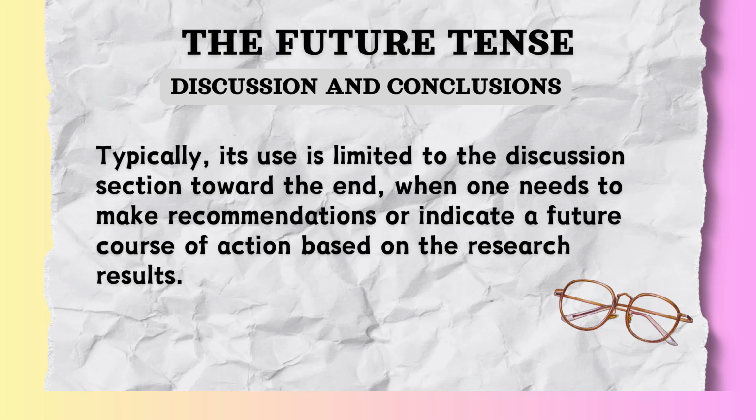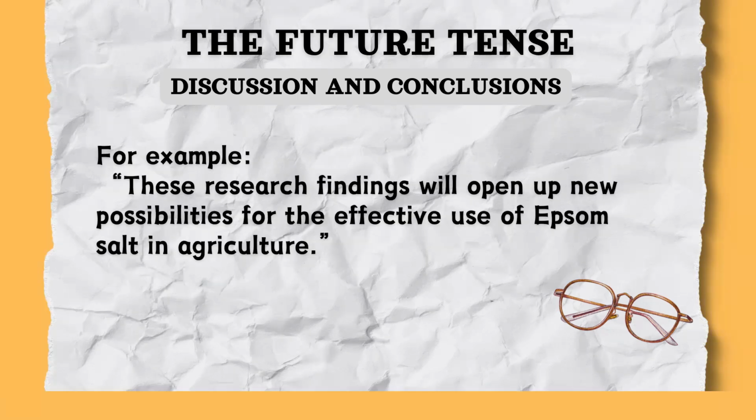It is usually recommended that parts of the conclusion section be written in the future tense. For example, these research findings will open up new possibilities for the effective use of Epsom salt in agriculture. Will open up is the verb which is in future tense.